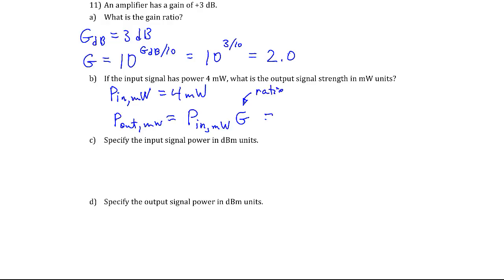Okay? And so I can say that I have 4 milliwatts times 2, and I'm going to get 8 milliwatts as my output power.